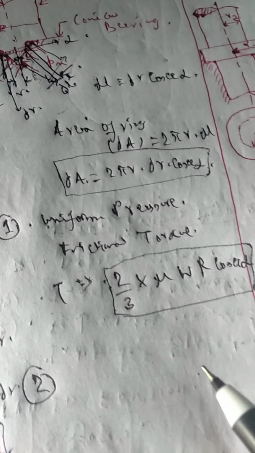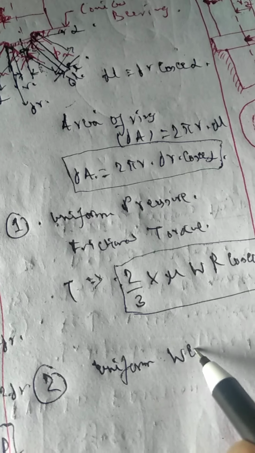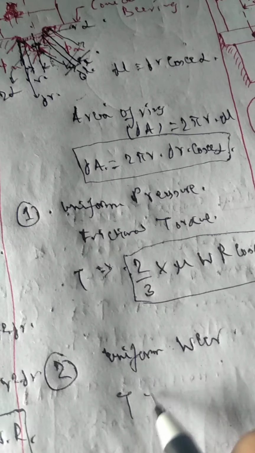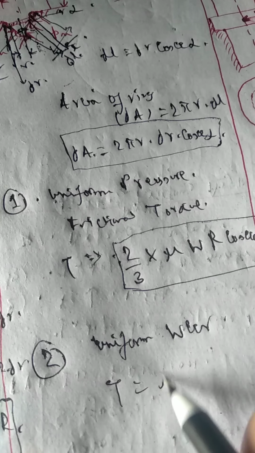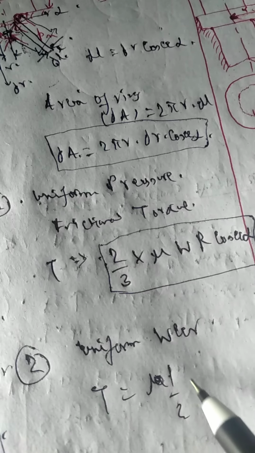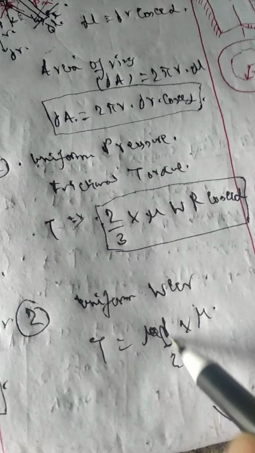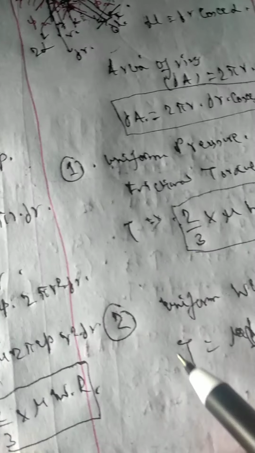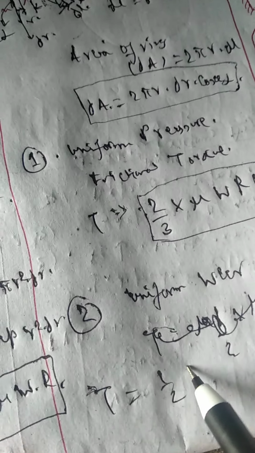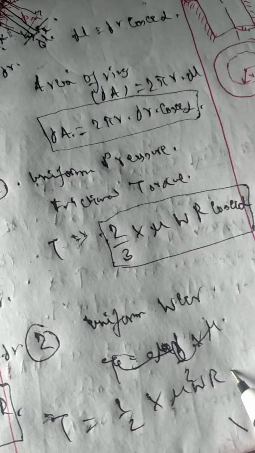For uniform wear, the value of torque will be T is equal to half into mu WR cosec alpha.